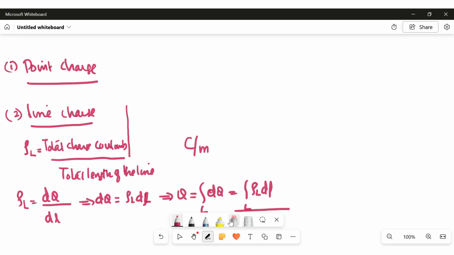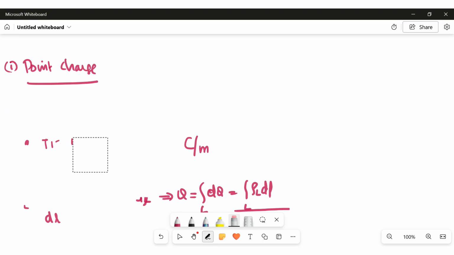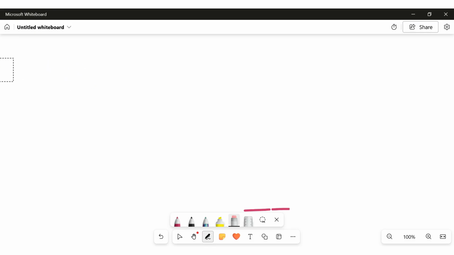Next, we are going to see what is surface charge. The third one is surface charge. The perfect example of surface charge is a charged metal plate. If the charges are distributed uniformly over a two-dimensional surface, then it is called a surface charge.